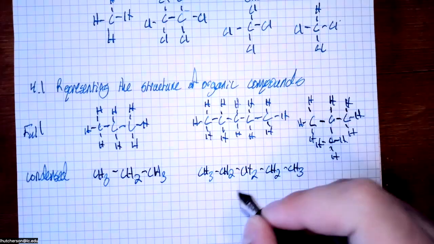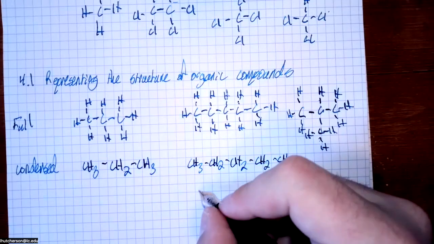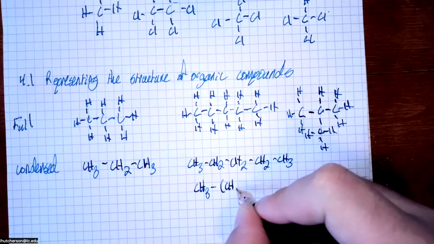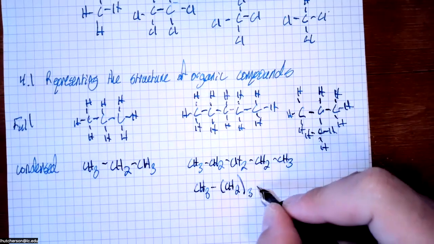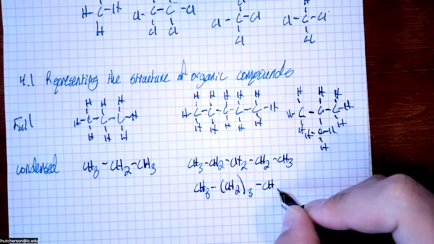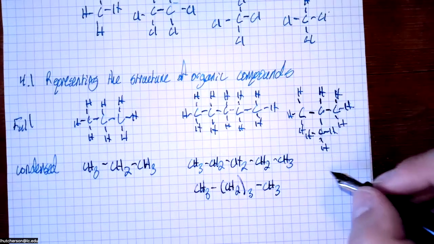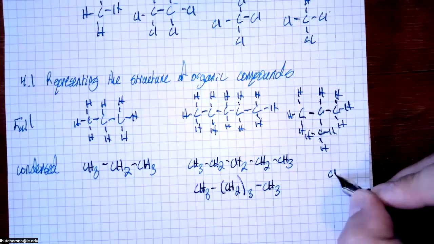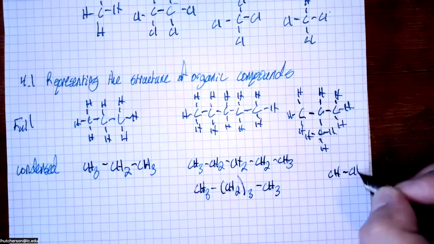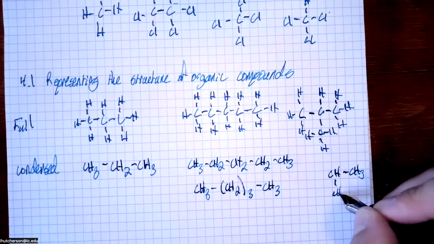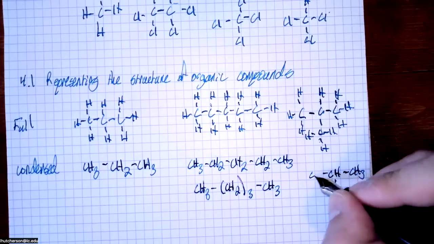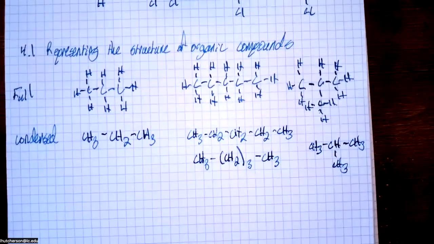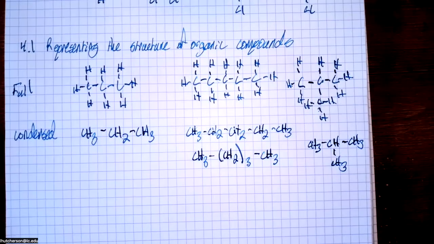Right? But we could simplify this one down even more. We could condense it down even more, and we could call it CH3. All right, now for this one, I'm going to start off here in the center with the CH, then we have CH3, CH3, CH3.